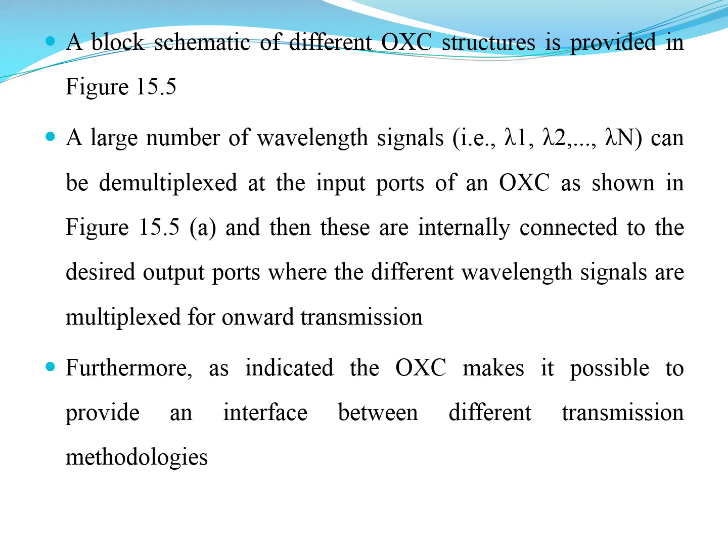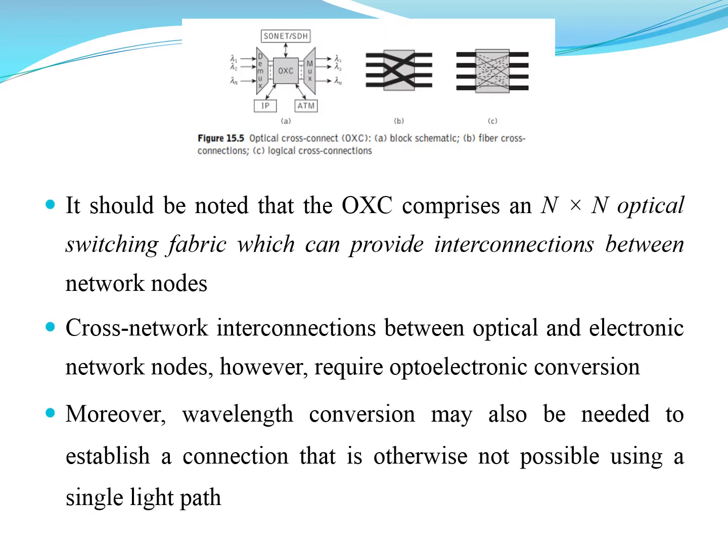For a transmission, we are going to multiplex the signals of different wavelengths within the port. Then the OXC makes it possible to provide an interface between different transmission methods. So this is how the OXC demultiplexer multiplexer is going to work.